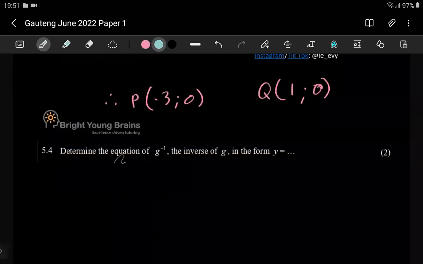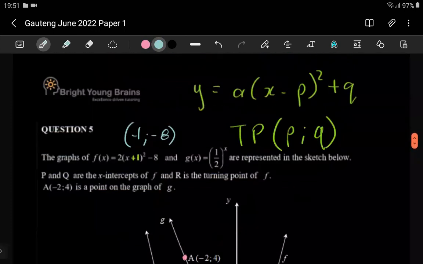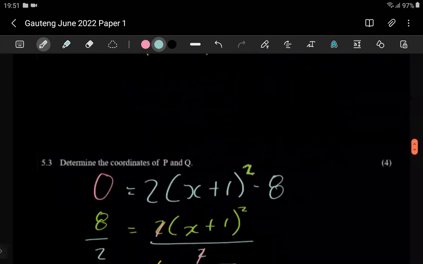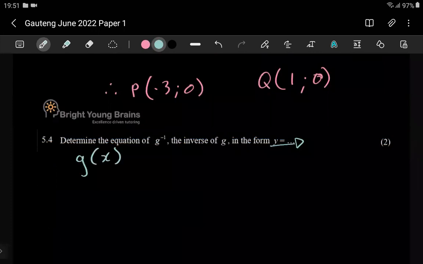They said we should determine the equation of the inverse of g in the form y. So getting the inverse of g, it's not a hassle at all. Here is just a half to the power of x, right? That's the original equation. So if your original equation has a half to the power of x, remember inverse just means that you swap around x and y.